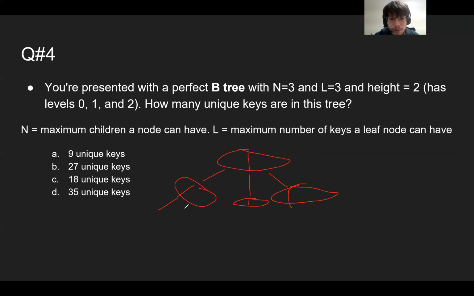But each of these has 3 children as well. And those 3 are all leaves, right? All these guys are leaves, which means they can have up to L values. So that's 3, 6, 9. I'm just summing, they would each have 3. I'm just adding as we go. 12, 15, 18, 21, 24, 27.